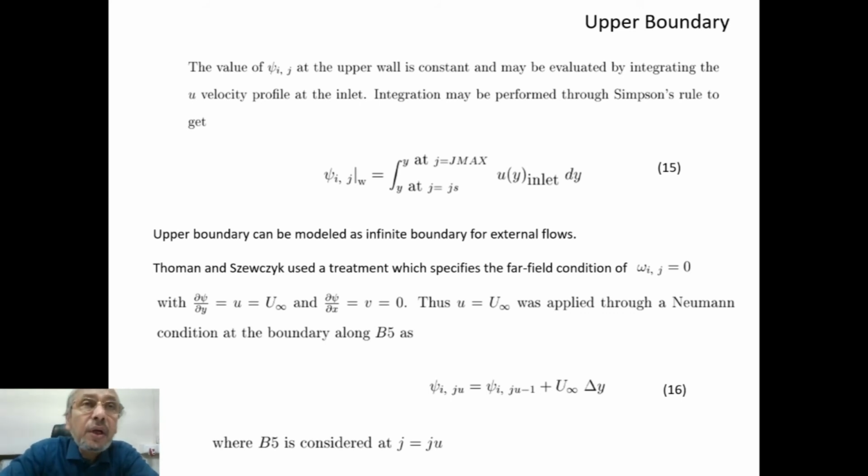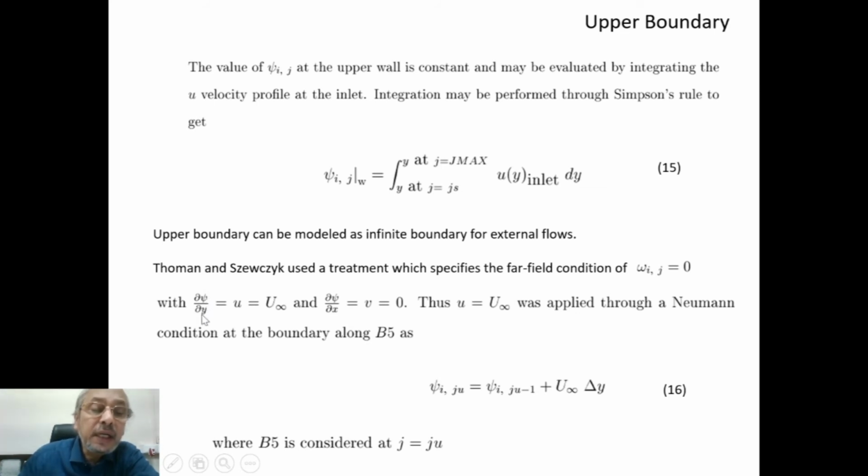And in order to calculate the flow field accurately, you set up a boundary condition at the other extreme, away from the wall as far as possible. It should be an unperturbed boundary. So I have mentioned what Thoman and Soucek did. They used a treatment which specifies the far field condition. In the far field, if it is an undisturbed field, we can say omega(i,j) equal to 0.